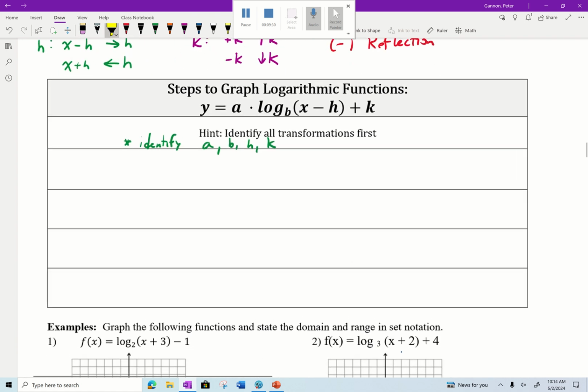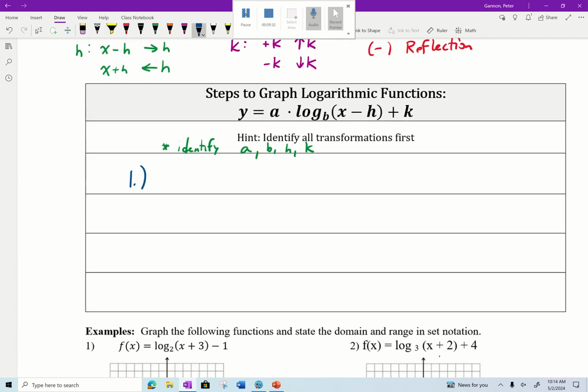For me, step one of graphing is to graph the vertical asymptote, VA, and that's always going to happen at x equals h. That's one of the reasons why we want to identify those transformations, so that we can graph the asymptote. Vertical lines are going to move left and right.